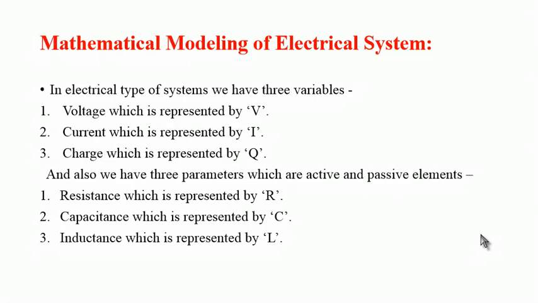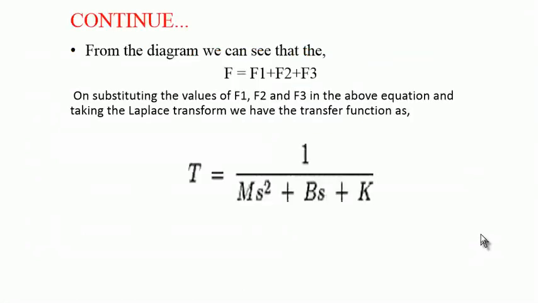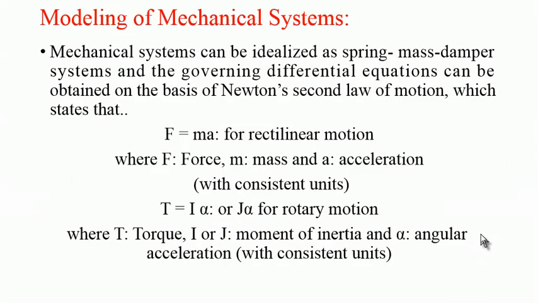We have already started the second module of our syllabus, that is control engineering. In the previous class we discussed the modeling of mechanical systems. In a mechanical system we have three parameters: spring, mass, and damper.